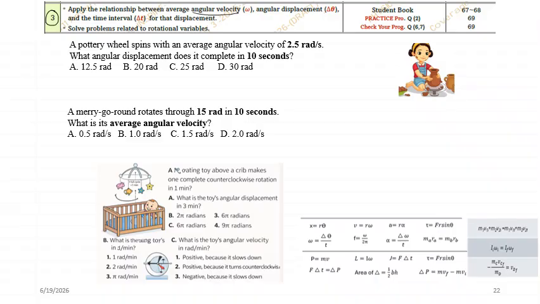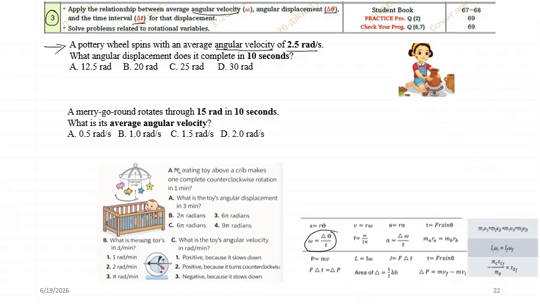Angular velocity is calculated using the equation delta theta divided by delta t. So the equation for angular velocity is omega equals delta theta by t. Now, let us look at a question. A pottery wheel spins with an average angular velocity of 2.5 rad per second.